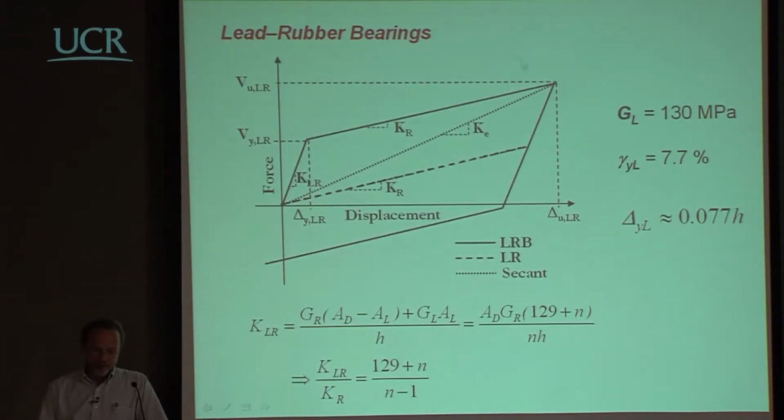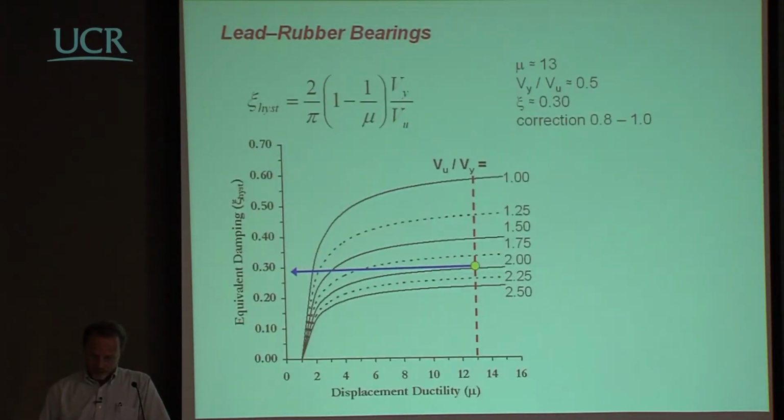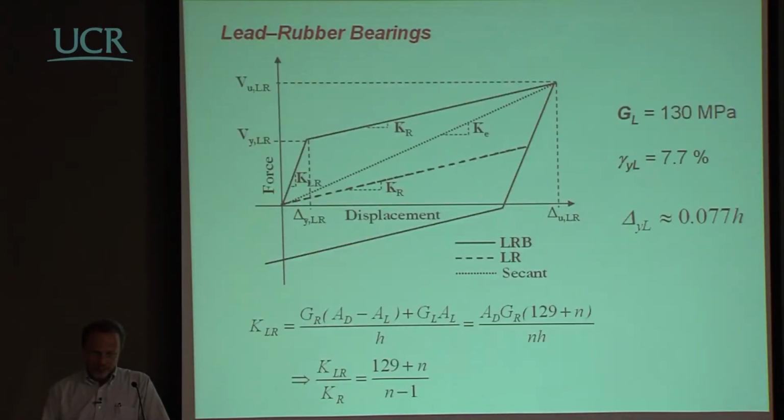And you have a second branch that essentially depends only on the rubber, because after you have reached yielding in the lead, the lead is essentially perfectly plastic. So the stiffness of this branch is essentially the stiffness of your rubber alone.